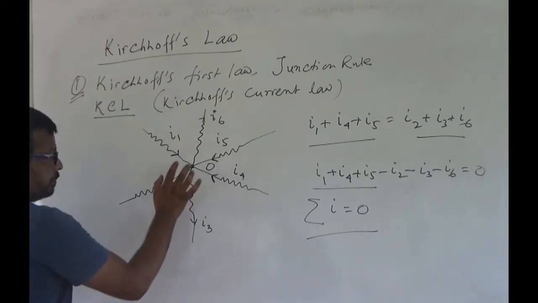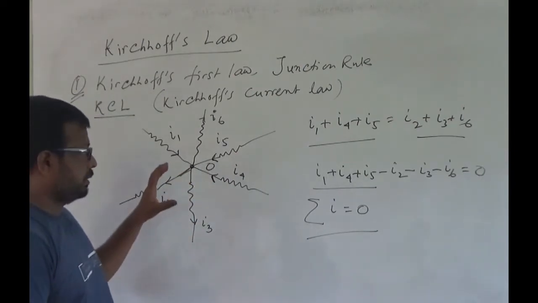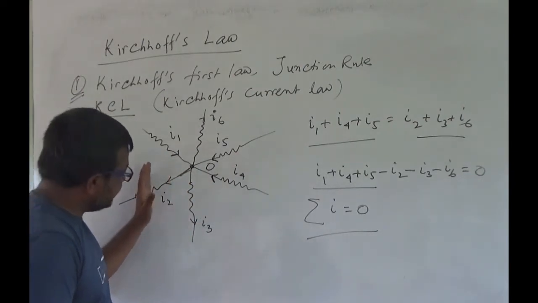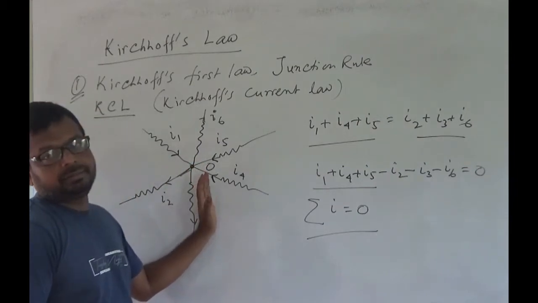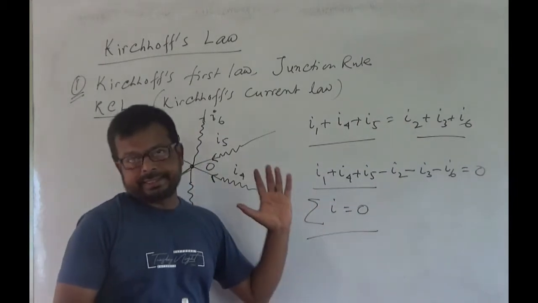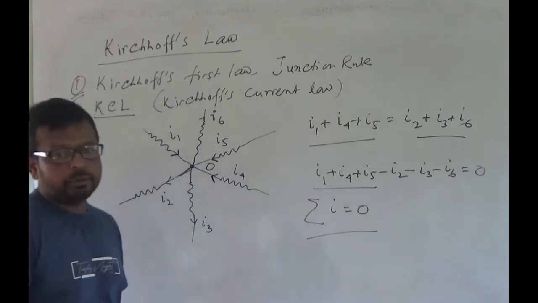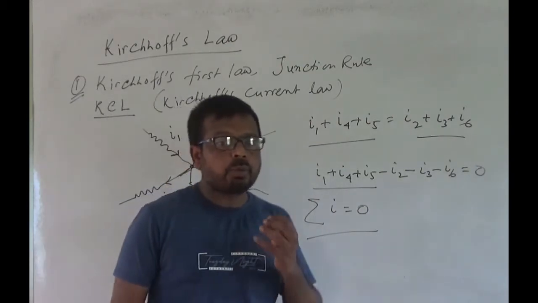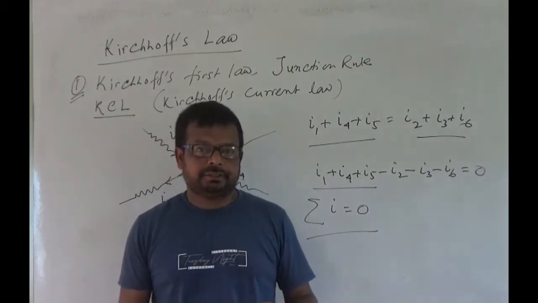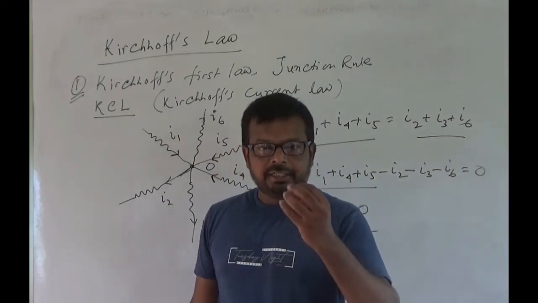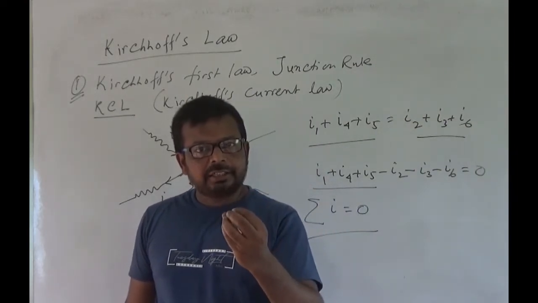See here, if total current entering the junction is not equal to total current leaving the junction, then what happens? Current means charge flowing in 1 second.